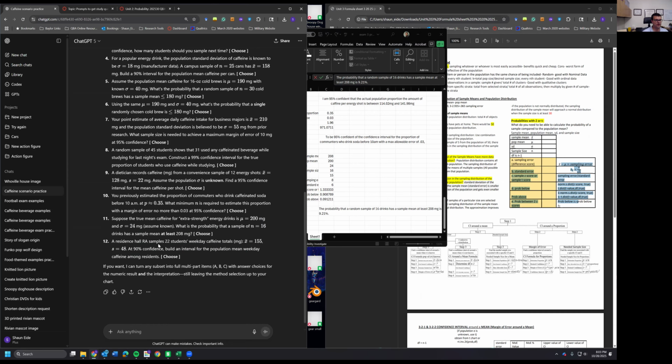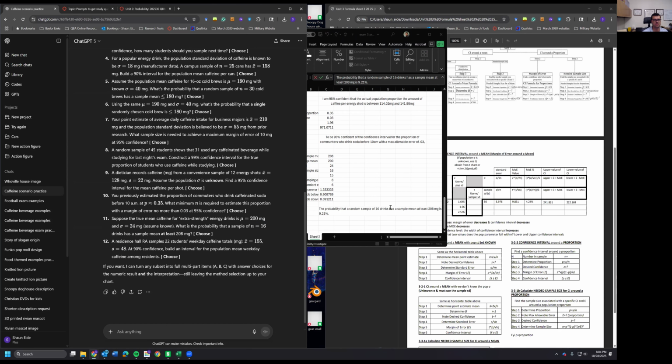So right here, it's got a mean. The keyword there, students' weekday with a mean. And then confidence interval. So we're doing a mean with a confidence interval. And once again, it's got a sample standard deviation.